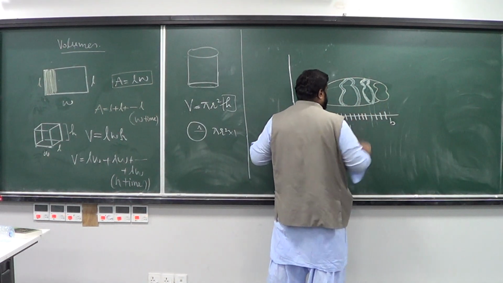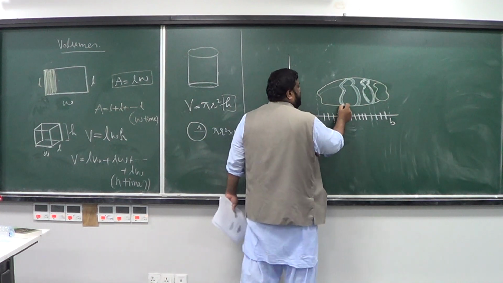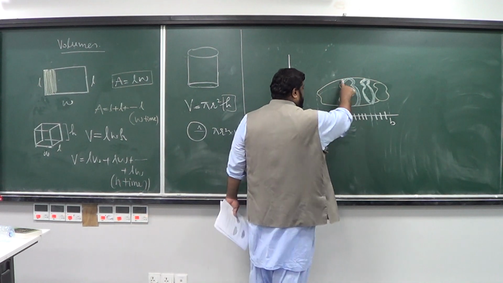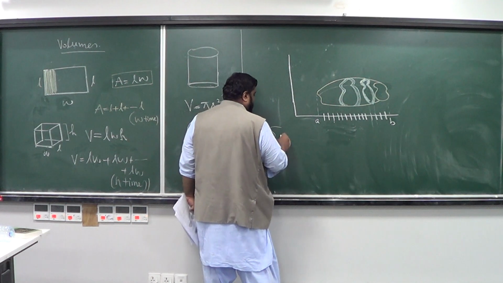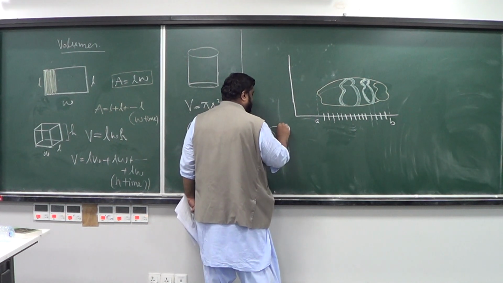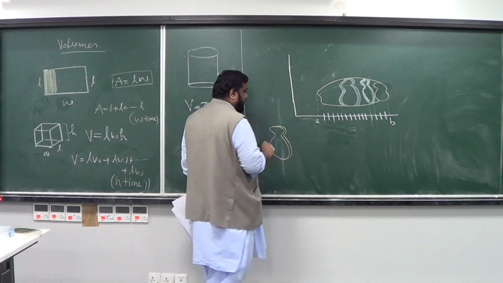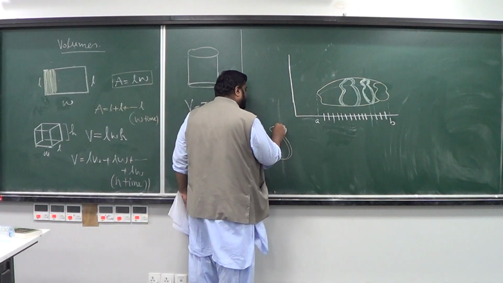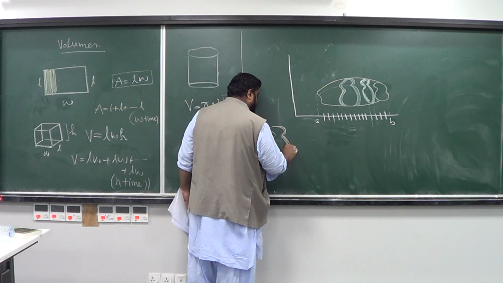If you want to compute the volume of each loaf of bread, let me redraw that picture and see the top view of it. So this is one loaf of the bread.